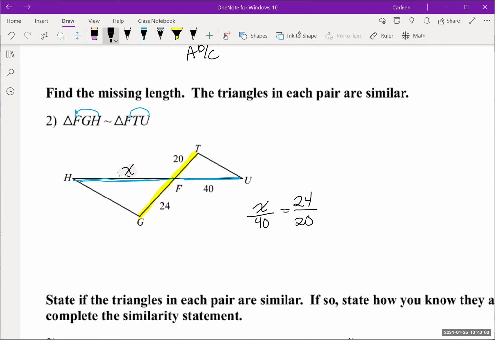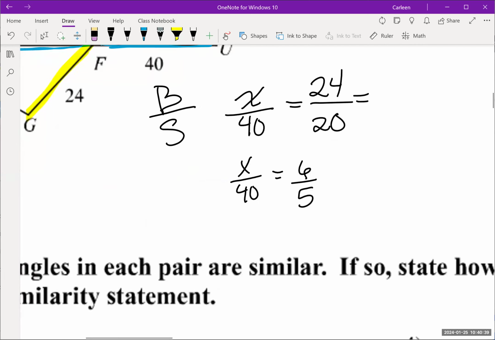The 24 and the 20. So what I've chosen to do is big to small. You can go small to big, but you have to be very intentional which direction you're going. Now this bugs me, so I'm going to reduce. You don't have to reduce. X over 40 is equal, divide by 4 is 6, divide by 4 is 5. Just kind of a pet peeve. Although don't make a mistake. You don't have to reduce that.